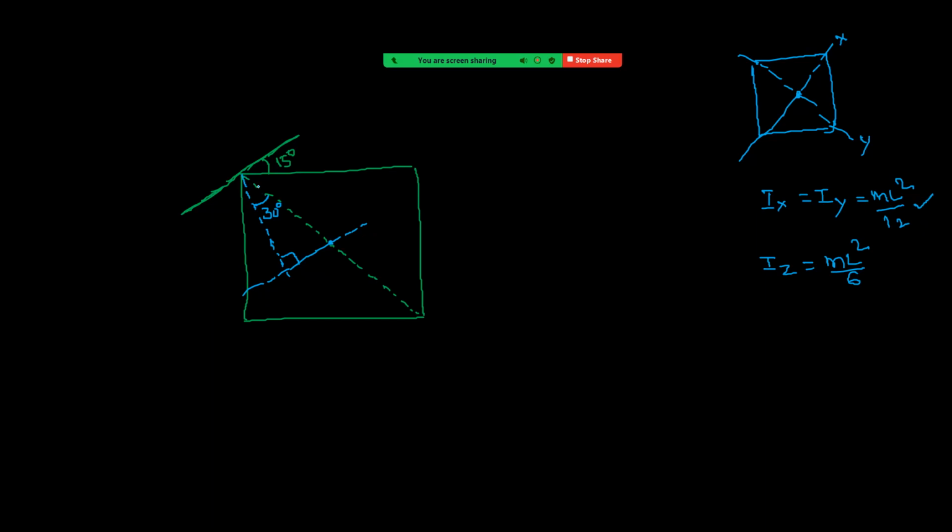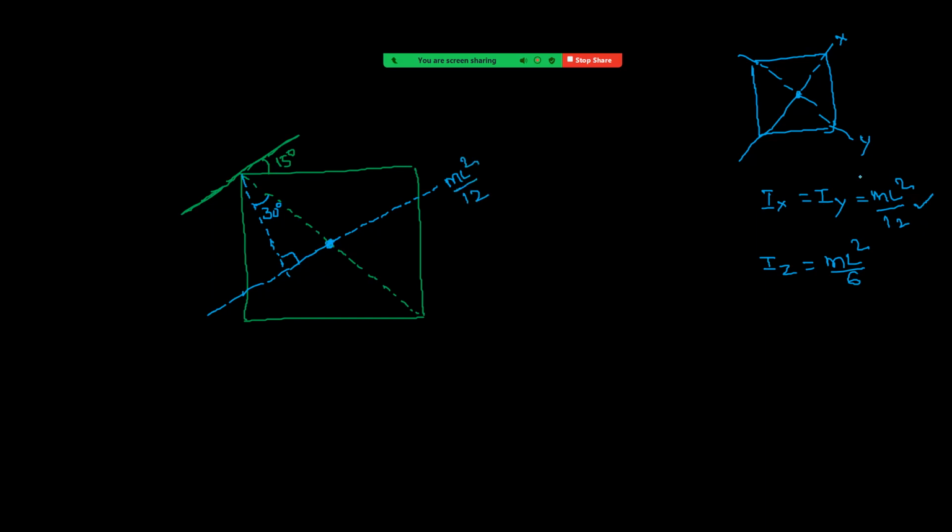So here, this is now a diagonal. I can take here one more diagonal, right? If we rotate this diagonal by some angle, it may be 30 or it can be any angle, still about this axis, which is the axis passing through the center of mass, that value will be ML square by 12.